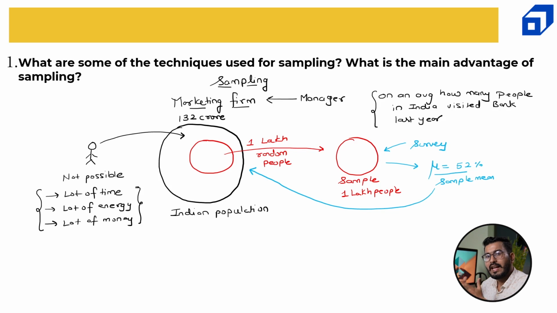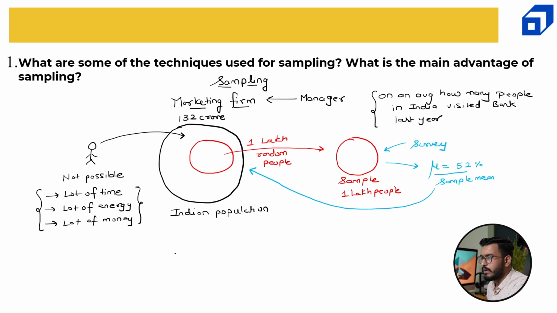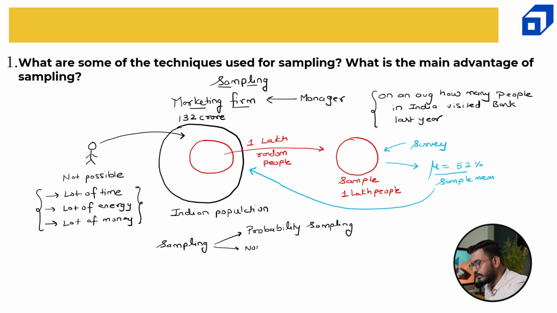Now what types of sampling do we have? If I talk about types of sampling, or how many types of sampling are available to us, your sampling technique is divided into 2 categories. One is probability sampling. Second one is non-probability sampling.